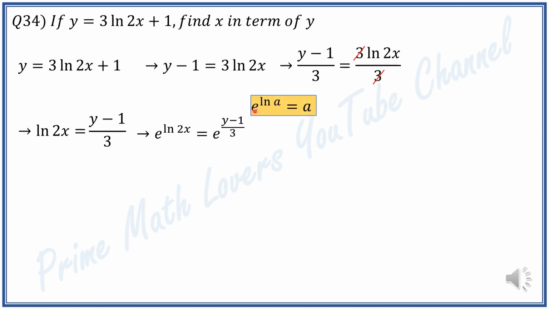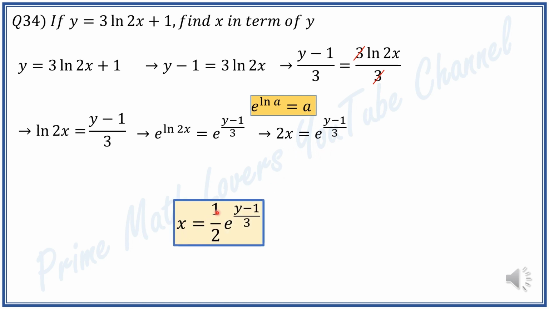We know that e to the power of ln of a is equal to a. So therefore, we have 2x is equal to e to the power of y minus 1 divided by 3. And if we divide both sides by 2, we get x is equal to 1 over 2 times e to the power of y minus 1 divided by 3.